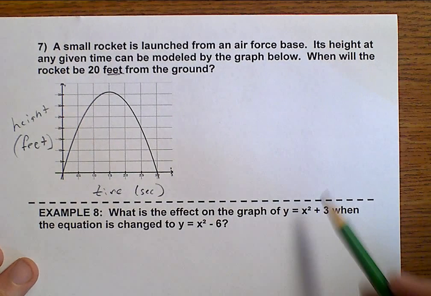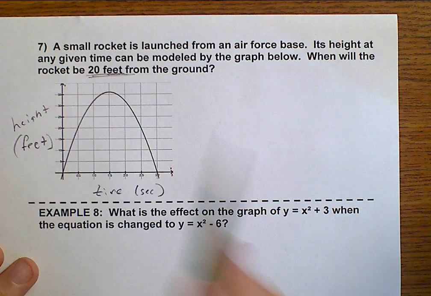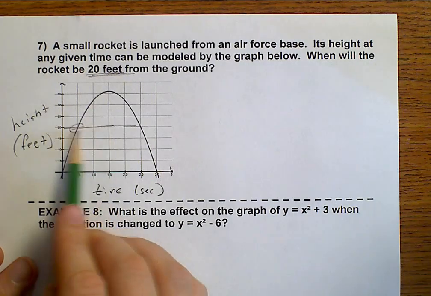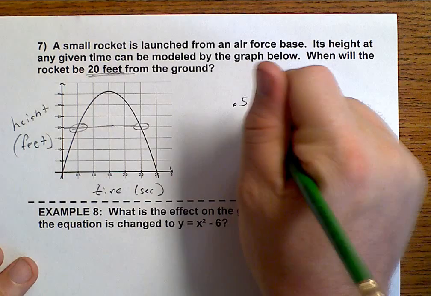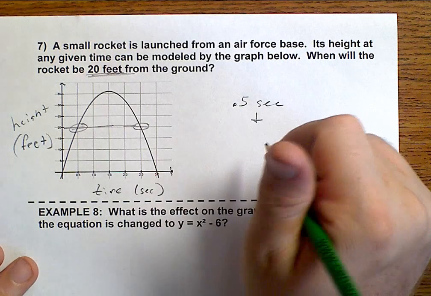So when will the rocket be 20 feet from the ground? So we come over here to 20. We cross our graph twice, once at 0.5 seconds, and again at 2.5 seconds.